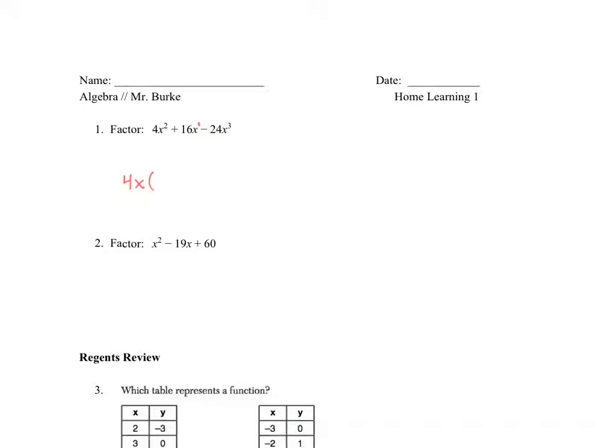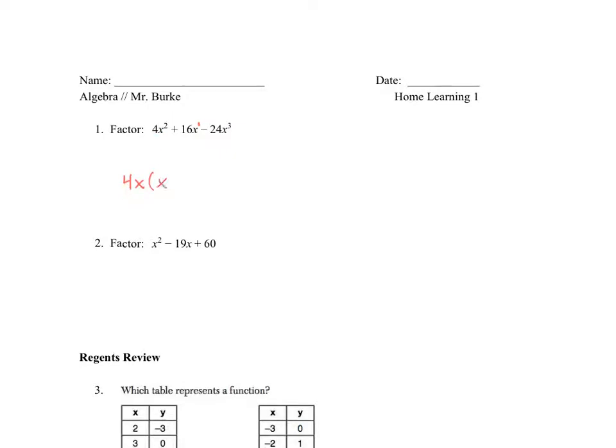Okay, so now I just need to figure out what needs to go inside the parentheses. In order to determine what goes inside the parentheses, what you basically want to figure out is, what do I multiply 4x by in order to get this polynomial? So take it one piece at a time. So what do I multiply 4x by in order to get 4x squared?